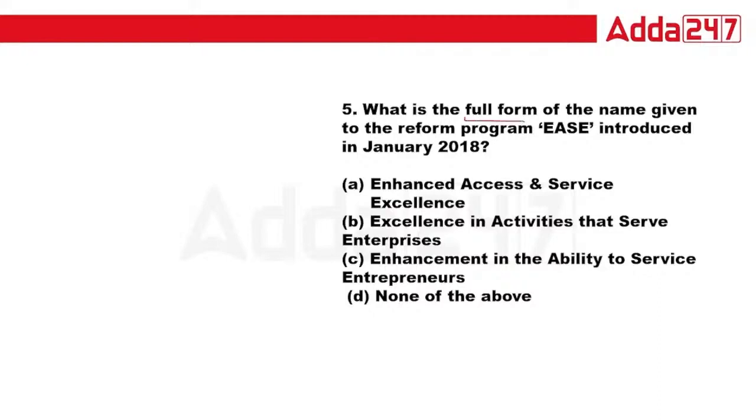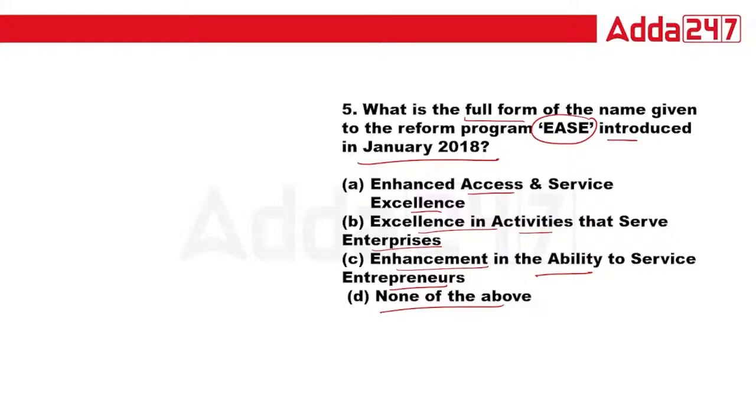What is the full form of the name given in relation to EASE introduced in January 2018? Enhanced Access and Service Excellence, excellence in activities that serve the enterprise, enhancement in the ability to service entrepreneurs, or none of the above. What is the right answer for the fifth one?